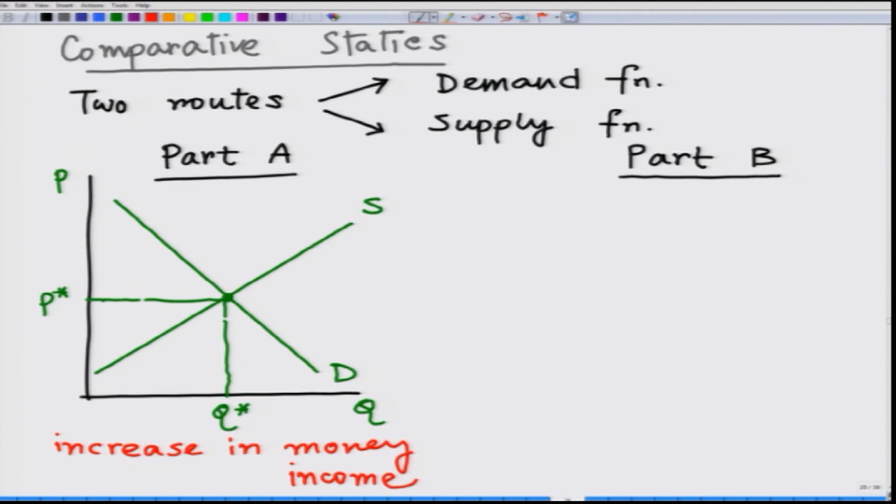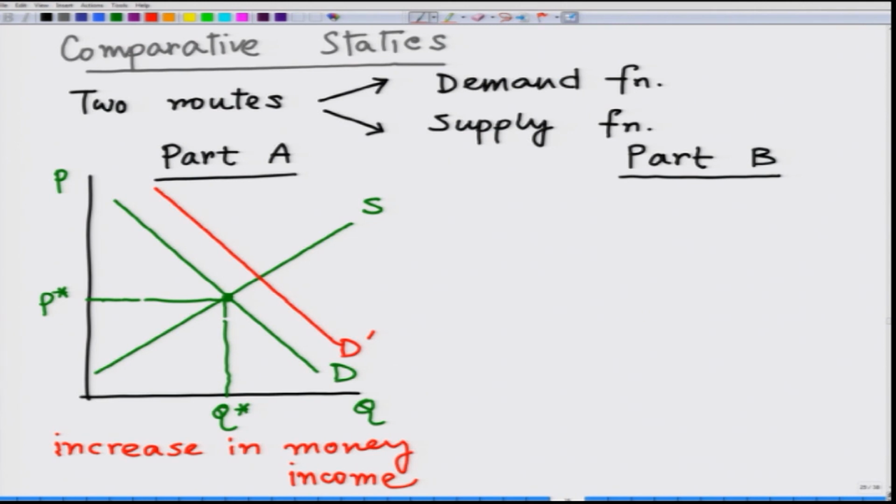How is the consumer going to react? The consumer is going to definitely increase his demand, because in this model you can't save. So, if you have some extra amount of money, you will spend it to purchase more units of the commodity. So, the demand function will shift parallelly rightwards to D prime. How? Because at every price you see now the quantity demanded is higher.